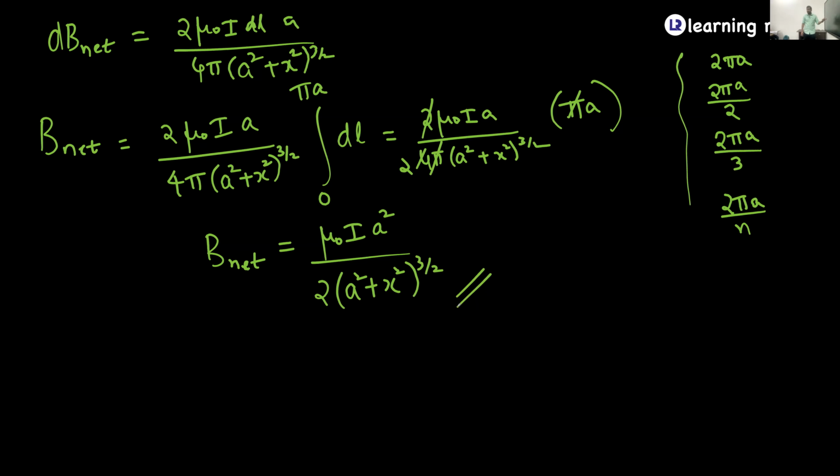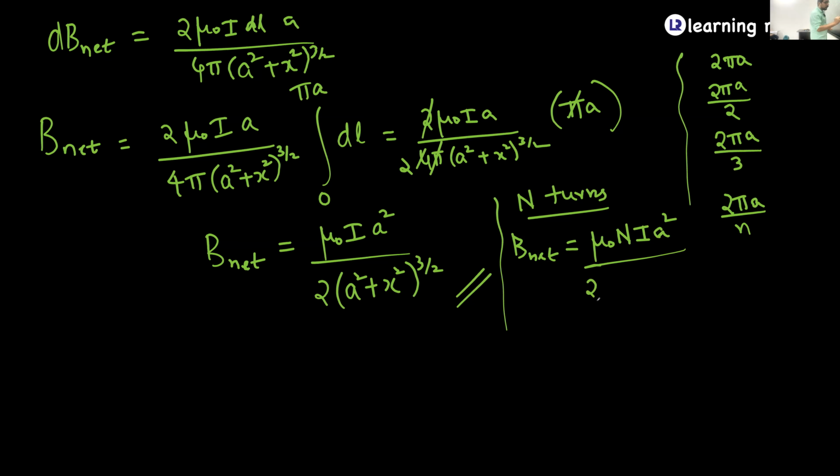So this is the value of magnetic field produced due to one circular current carrying loop. Suppose there were N turns. If there were N turns, then the value of net magnetic field would have been equal to mu naught times capital N I A square, the whole divided by 2 into (A square plus x square), the whole power 3 by 2.